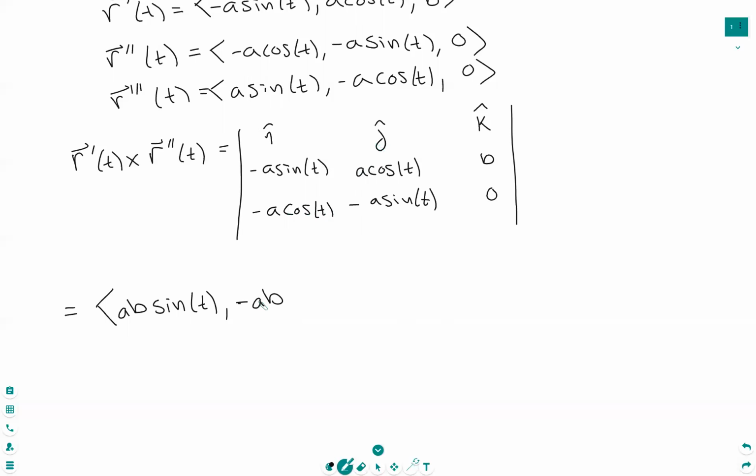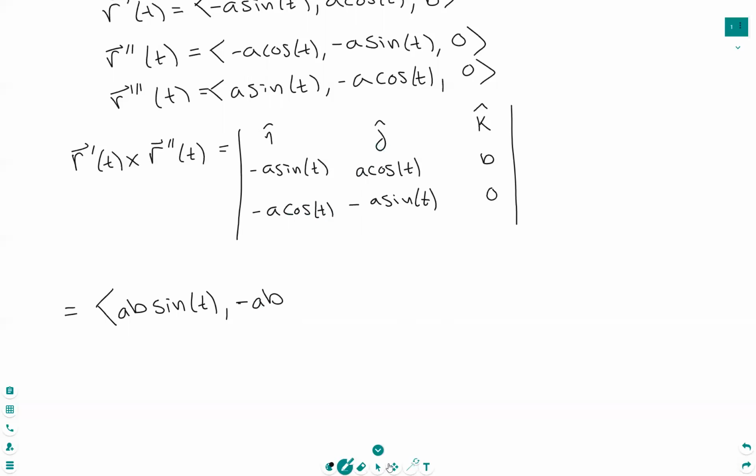ab. Why are we doing r prime and r double prime again? We're calculating the denominator here. So we have ab cosine t.